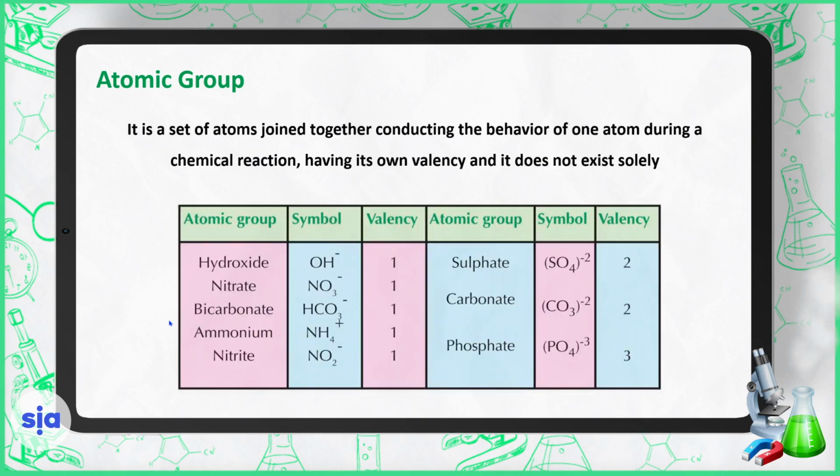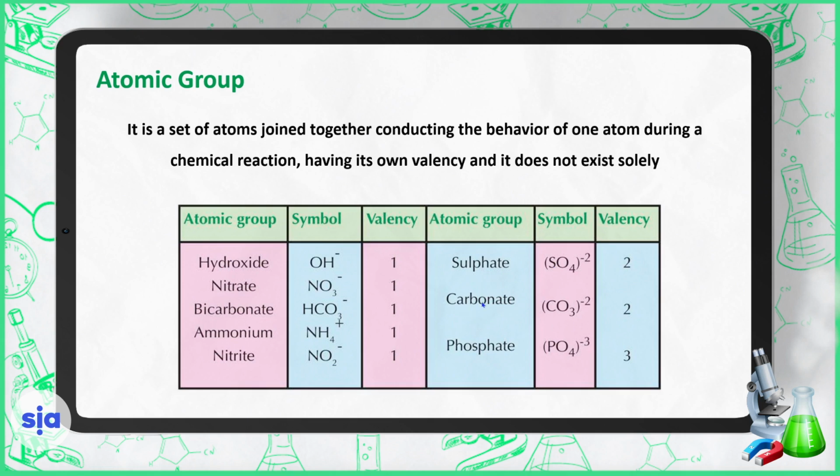Let's see together. The atomic group is a set of atoms joined together, behaving as one atom during a chemical reaction. They have their own valency and they do not exist solely. We have the hydroxide group as an example, the sulfate group as an example, the carbonate group as an example.